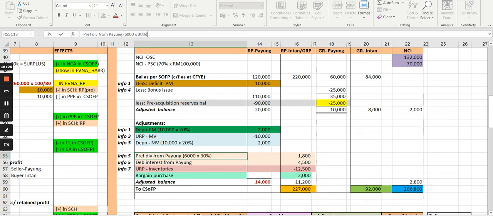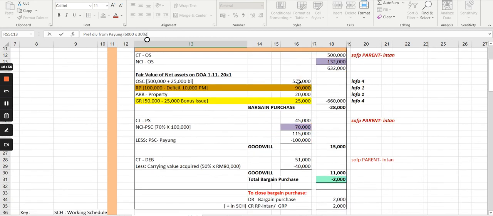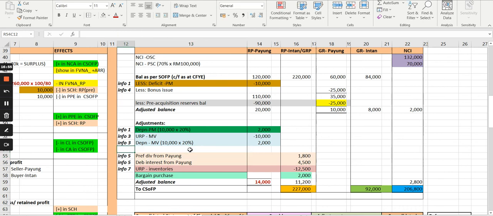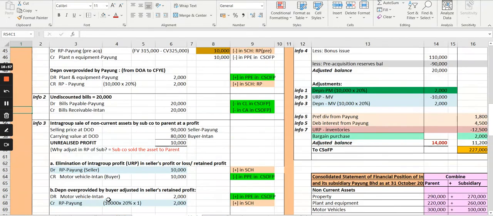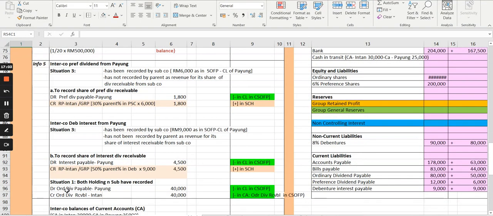Why 30%? The parent share under the, this is the preference dividend, right? So you're going to eliminate that preference dividend of 1,800. So if you check the preference dividend, what you will eliminate is the one that you receive from the subsidiary. So you can check your working here. You can check here the working, right?